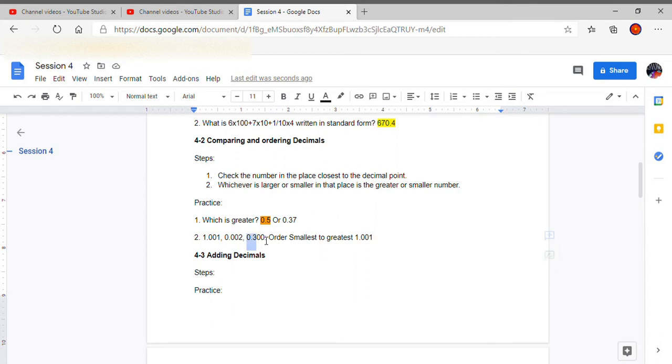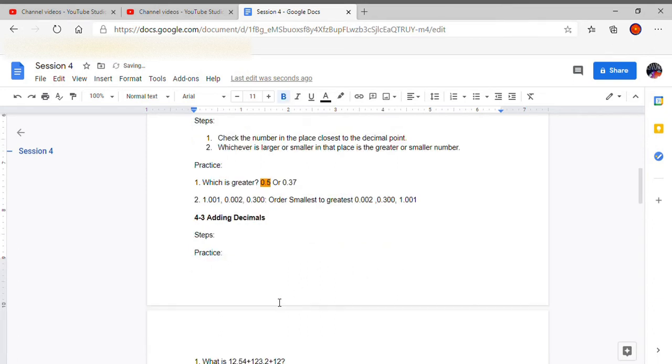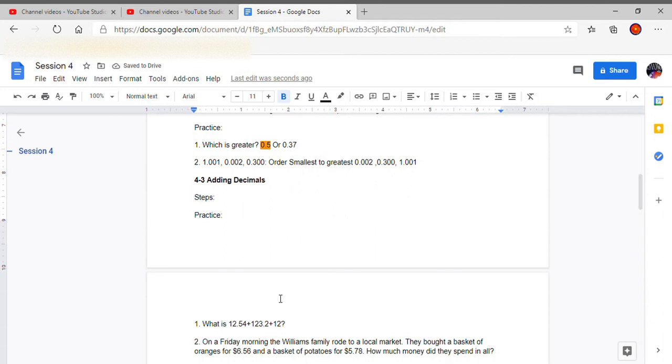That means this is greater, so 0.300 comes next. And that means this one is the smallest, so it goes in front, 0.002.